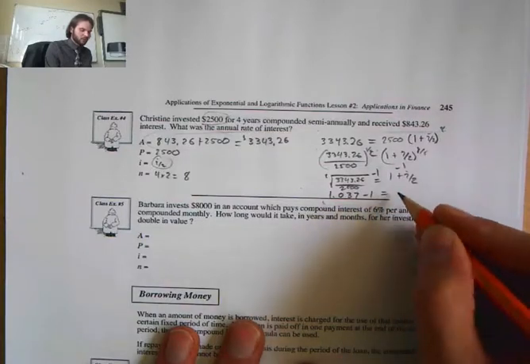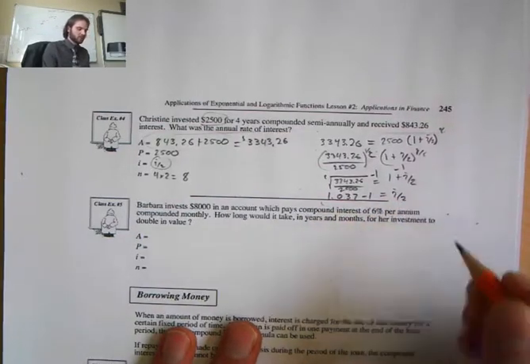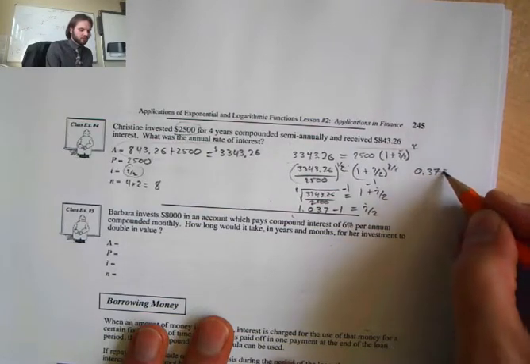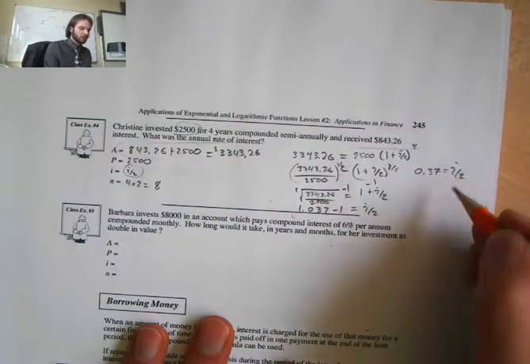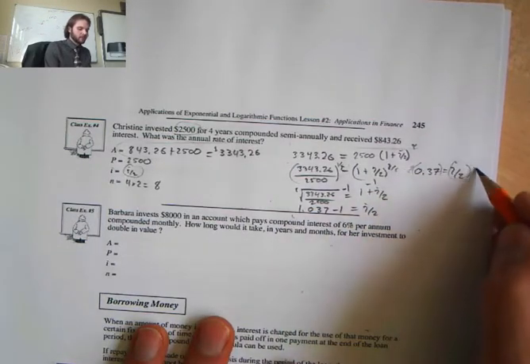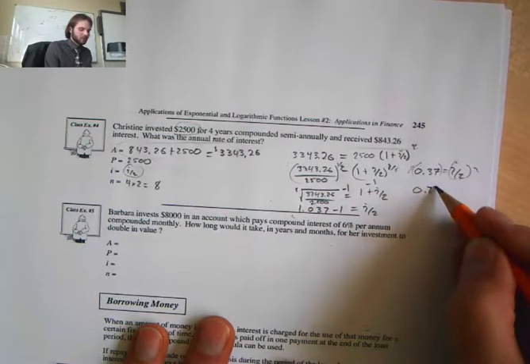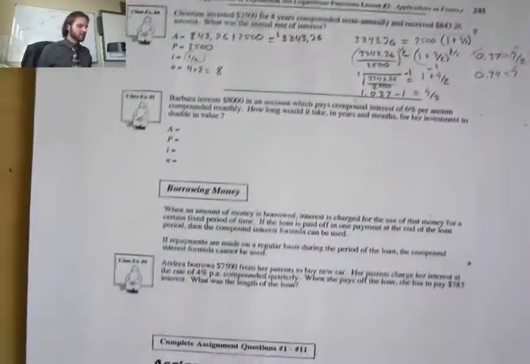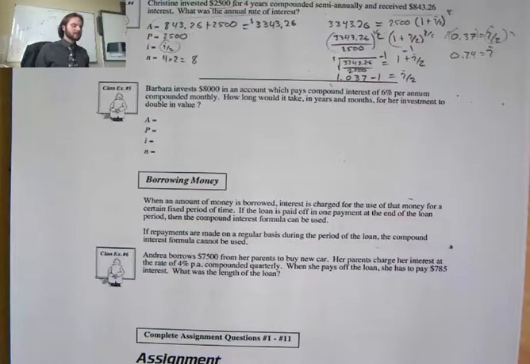Subtract 1 is equal to i over 2. So I'm going to get 0.37 is equal to my interest divided by 2, my yearly interest. Multiply both sides by 2. I get 0.74 is equal to my yearly interest. And that's it. All right, let's take a look at example number 5.